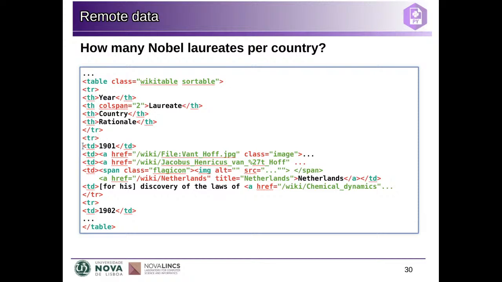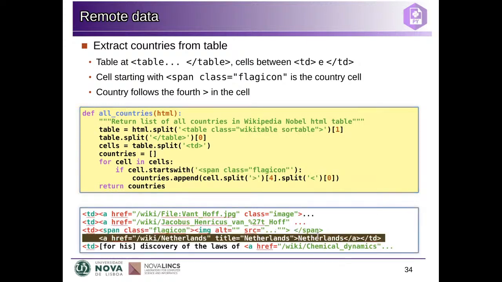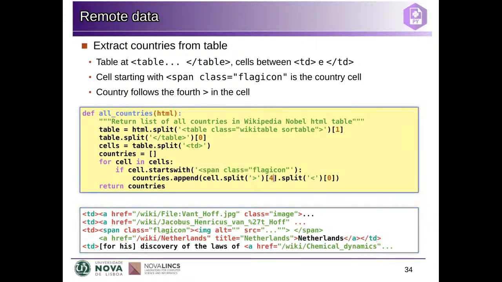Now we split into these cells. Every cell becomes a different part, and now we loop through the cells and search for the ones that have what we want. Once we find these cells, we split again by this greater than sign here, so that we can pinpoint the name of the country there in the fifth block after splitting.